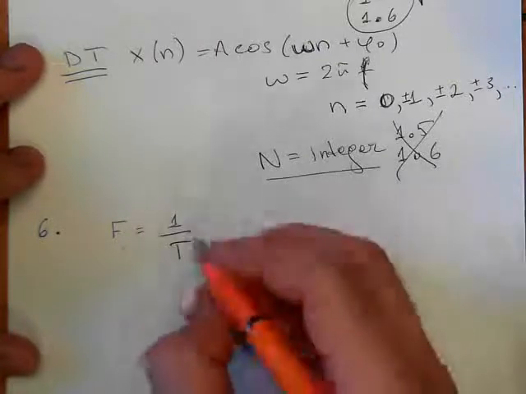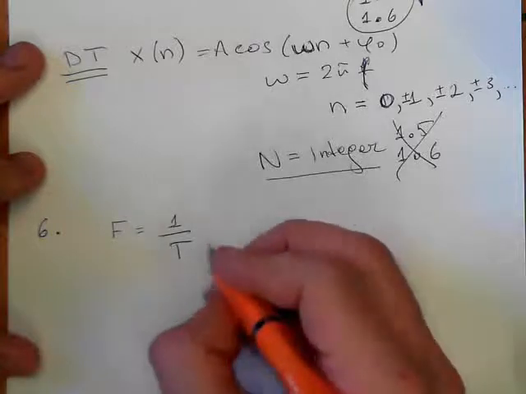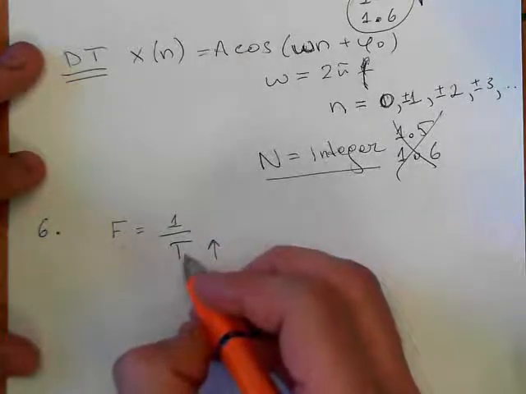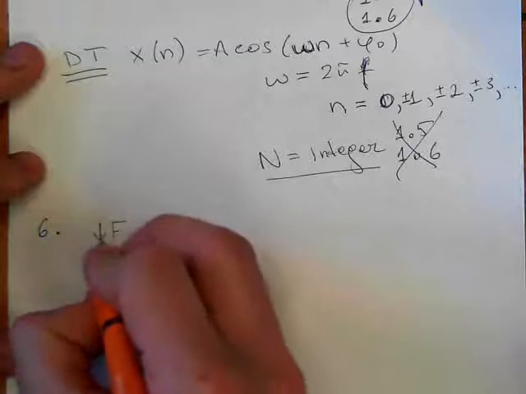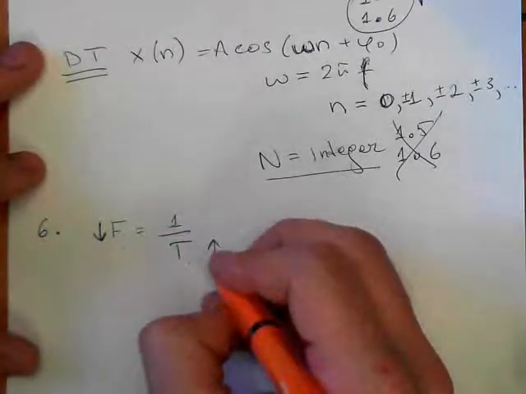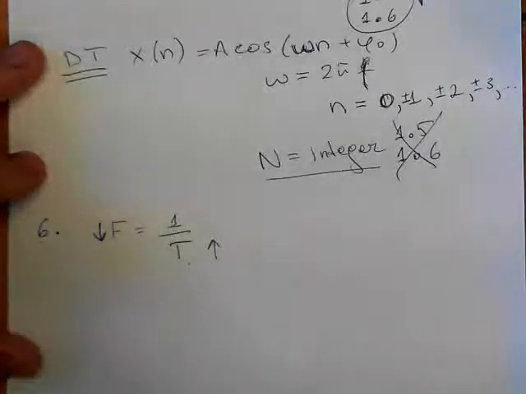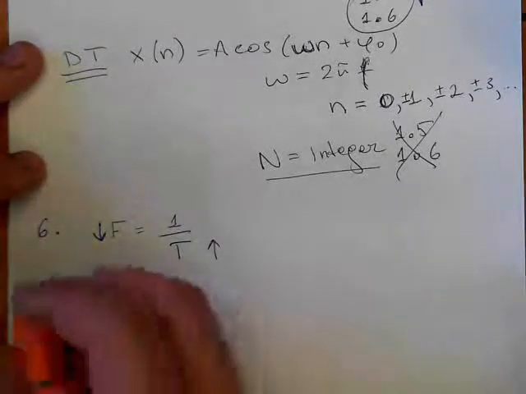All of you know this equation. What happens if T increases? We are dividing by a higher number, then f is reduced. If T increases, then f is reduced, and the opposite also holds. So be aware of this question.